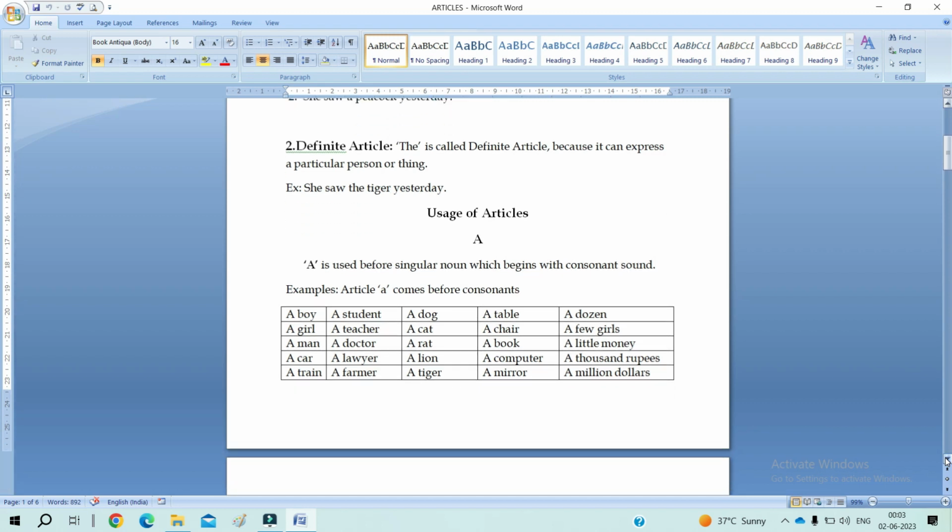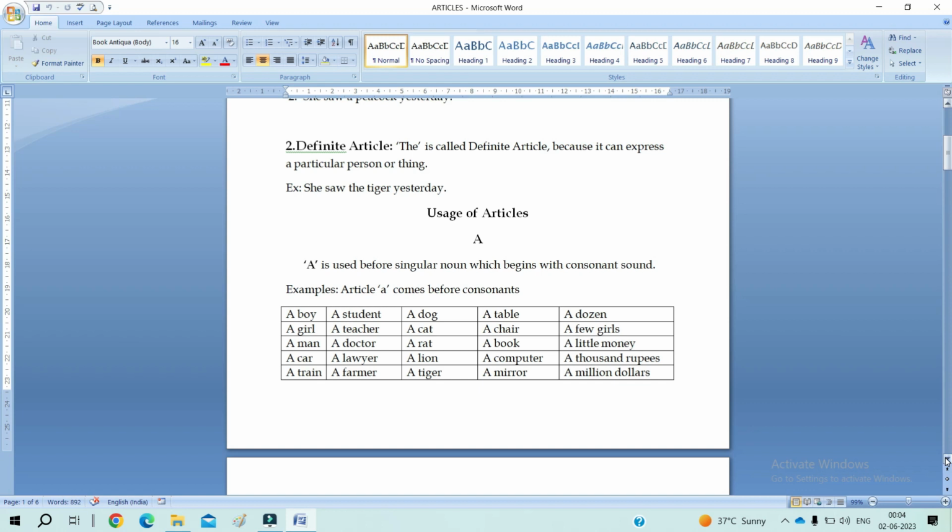So, a is used before a singular noun which begins with a consonant sound. Just remember that.